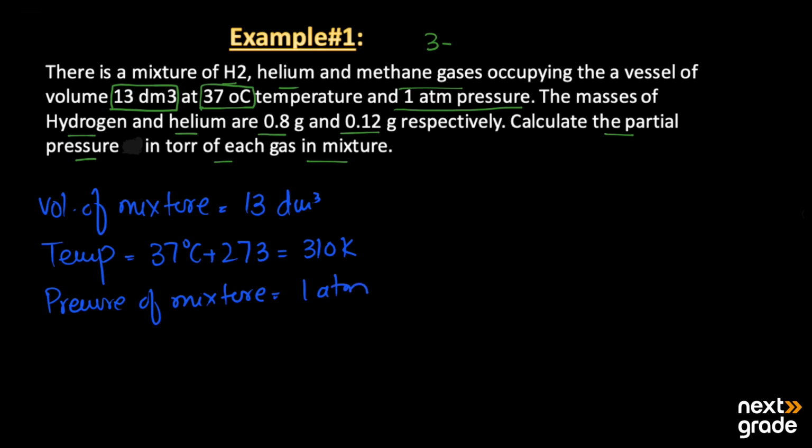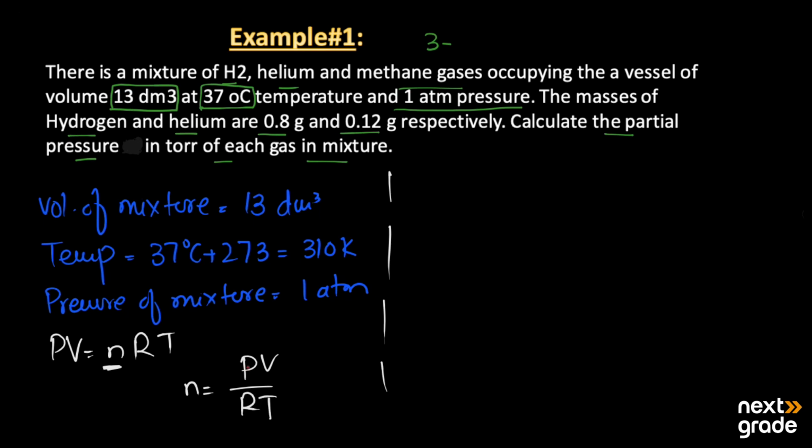First of all, we have to calculate the total number of moles present in the mixture of the gas. We can calculate it by applying PV equals nRT. Here we have to calculate the number of moles, so by rearranging this equation, we get n equals PV over RT.